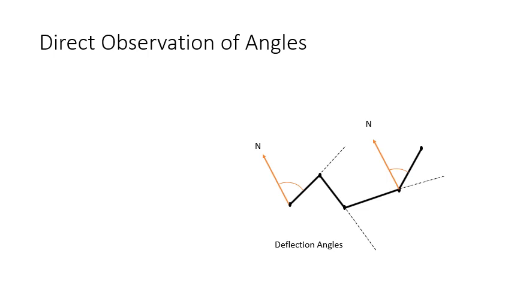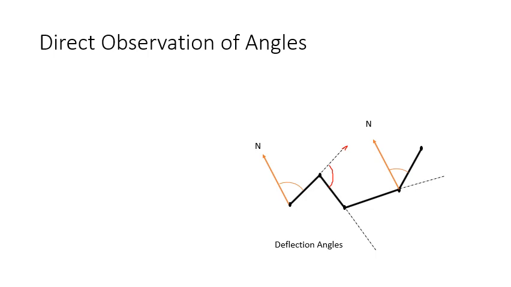The angle can also be a deflection angle. So here also you have the first survey line. Then you measure how much the second survey line is deflected from the first one. The prolongation of the first survey line can be found here, and from that prolongated line, what is the angle to the next, second survey line?